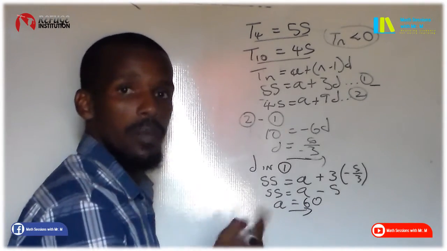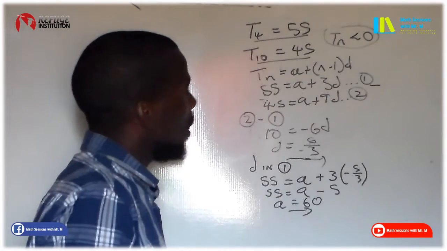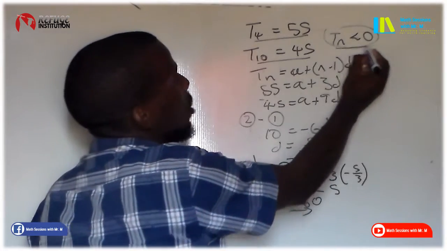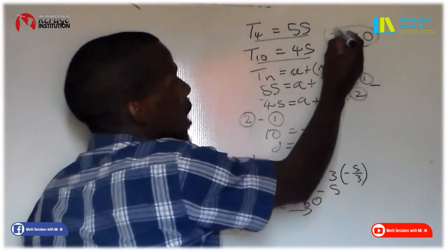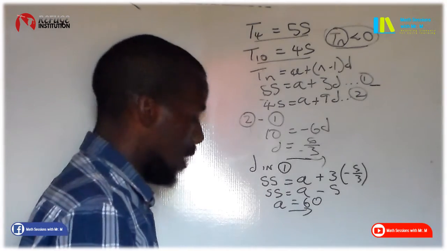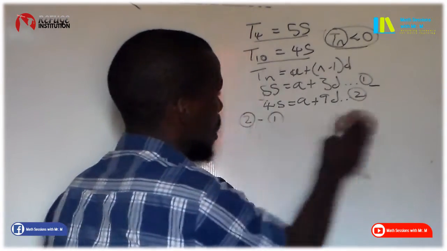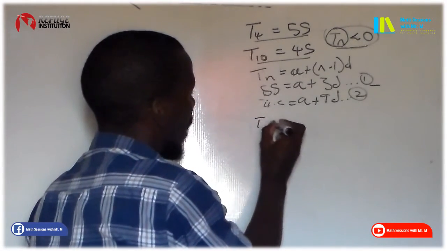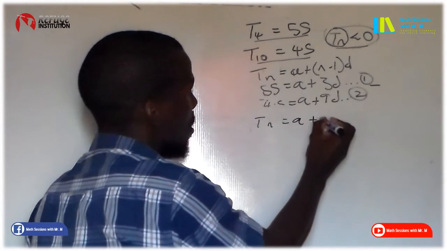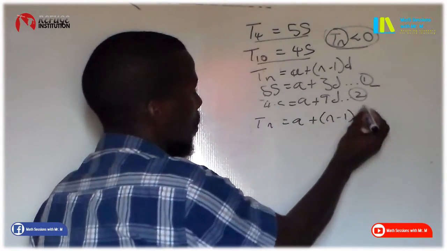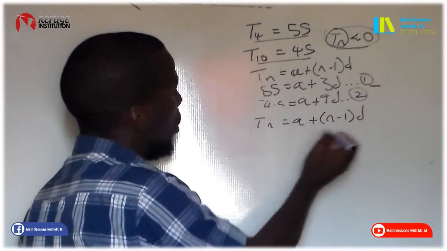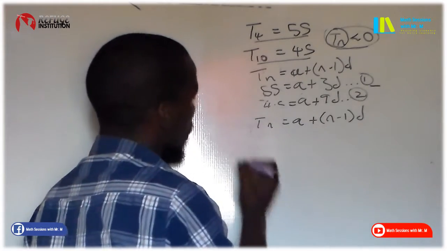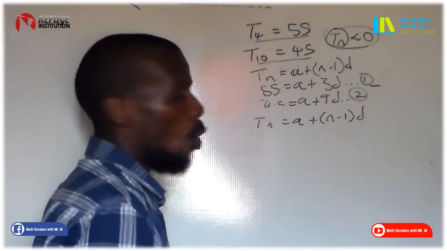So we found a, we found d, we found our equations. Now, because we are asked to find Tn less than 0, we take note of our general formula: Tn is equal to a plus (n minus 1) multiplied by d. We have found a to be 60 and d to be negative 5 over 3.